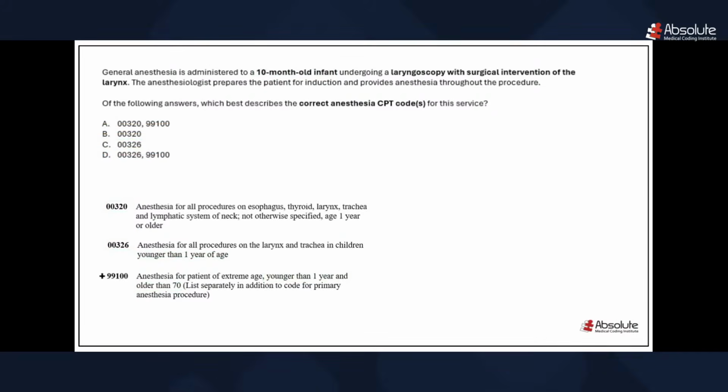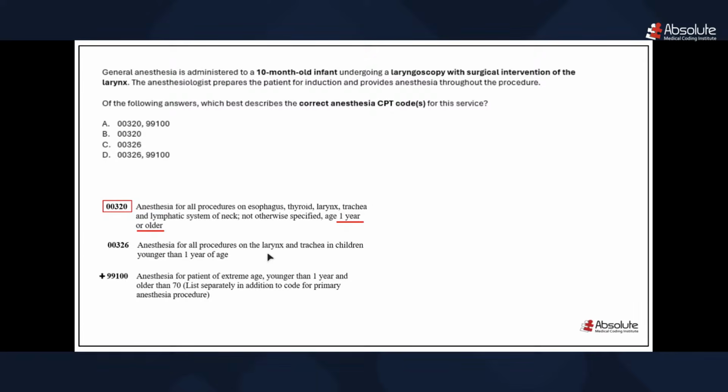Okay, so here we go. What do we have here? We have CPT code 00320 in option B and option A. Both are coding for anesthesia for all procedures on esophagus, thyroid, larynx, trachea, and lymphatic system of neck, not otherwise specified, age 1 year or older.